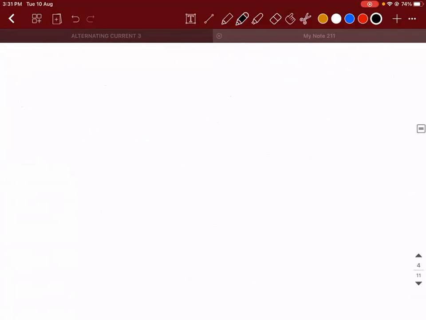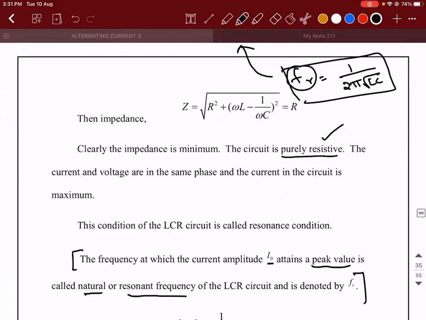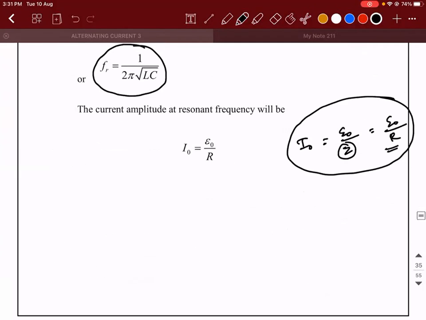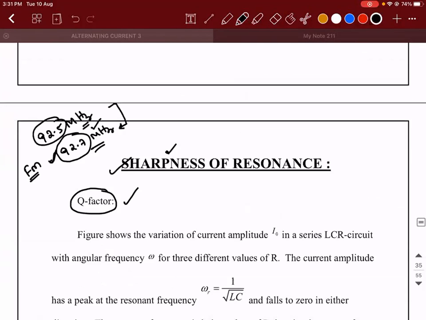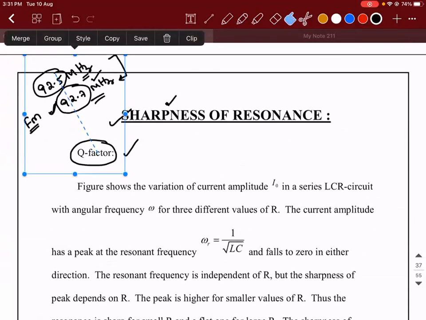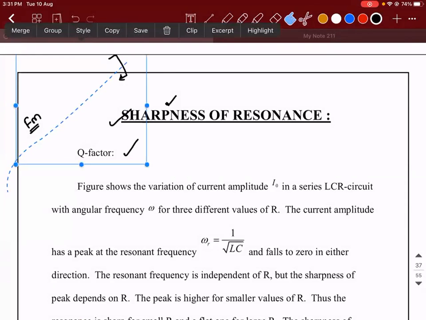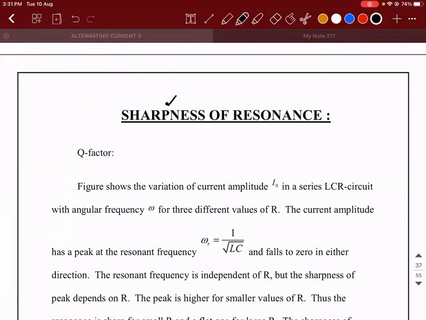Now listen. There is something called sharpness of resonance. Let me explain what it actually is.